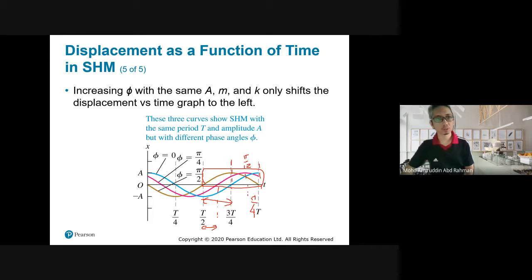So when we increase the phi, we still have similar A, M and K, except that we have a shift in the graph. So that's the effect when we increase the phi.